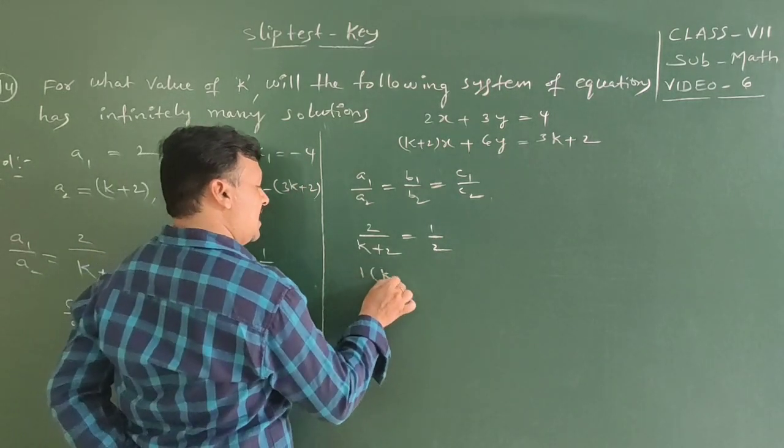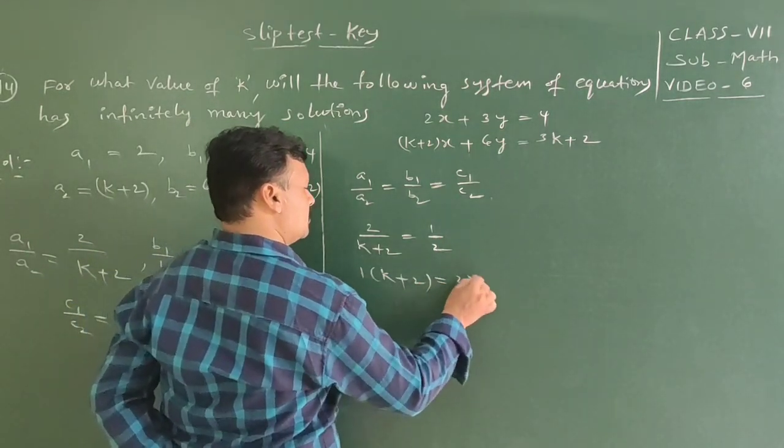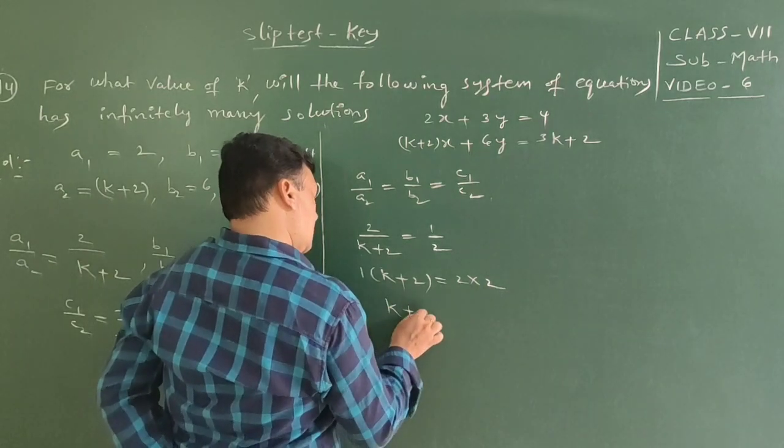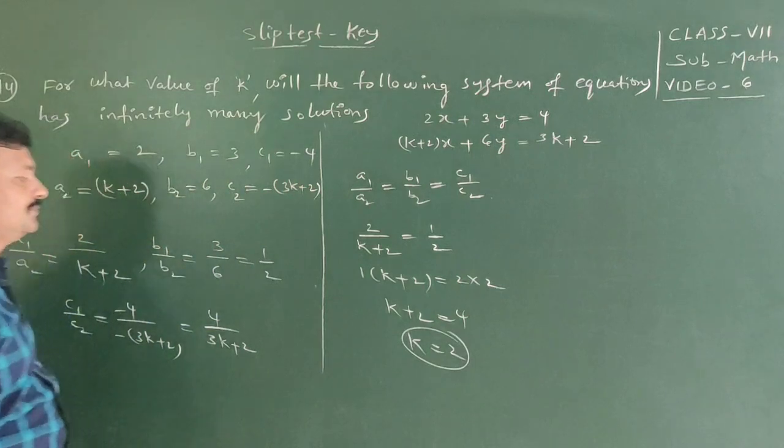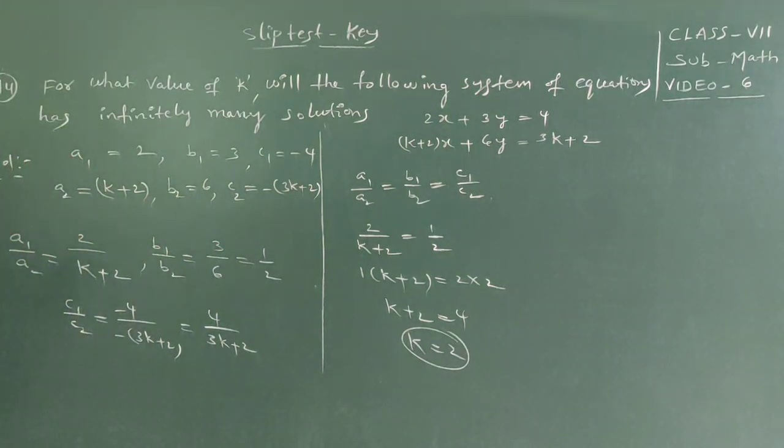If you cross multiply, 1 into k plus 2 equal to 2 into 2. k plus 2 equal to 4, k equal to 2. If you equate b1 by b2 equals c1 by c2 also, you will get the k value as 2. So k equal to 2 is the required solution. For this value of k, it has infinitely many solutions.